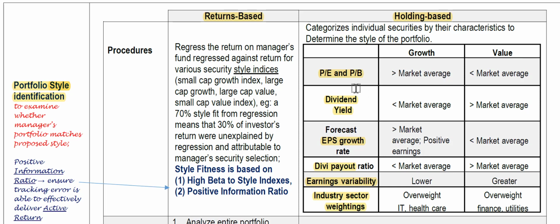We use these to distinguish securities between growth and value. If the P/E ratio is greater than the market average, it is a growth stock; if it's lower than the market average, it's value.